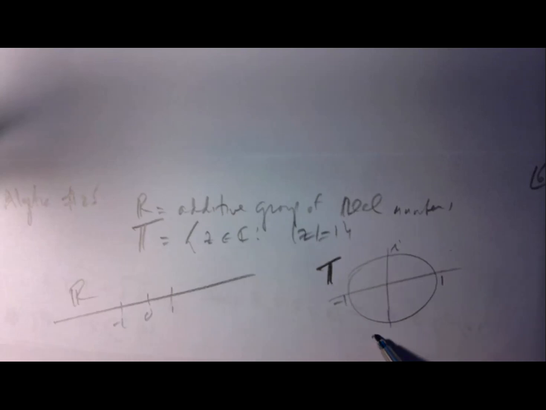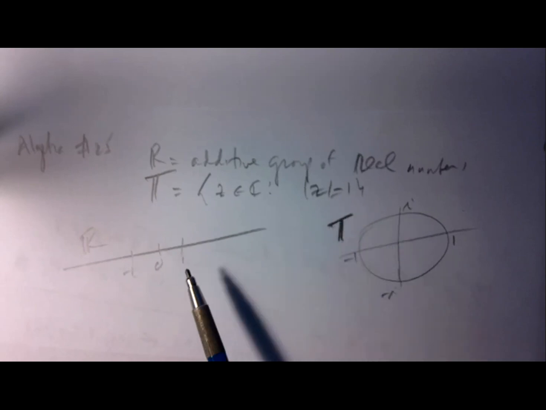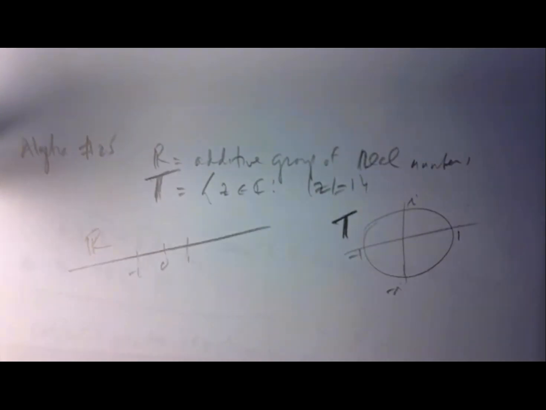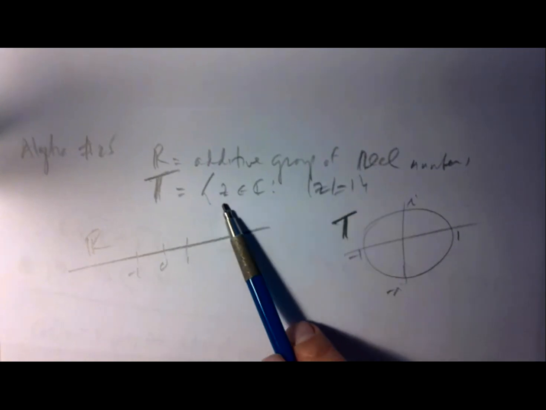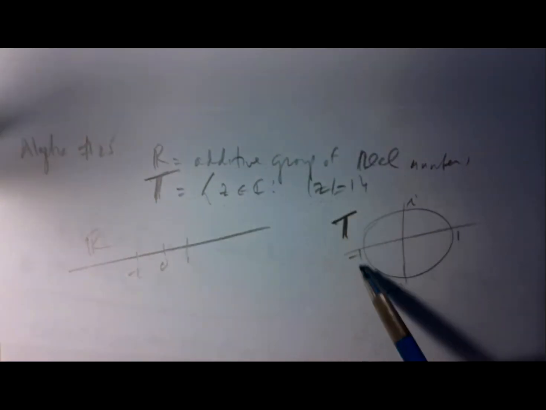So what's that Z and then what's that 1 for? So this is the definition of T. T is what the problem says. It's the complex numbers of absolute value 1. Oh, okay. So all Z in the complex numbers where the absolute value is 1. That means the points on the unit circle.